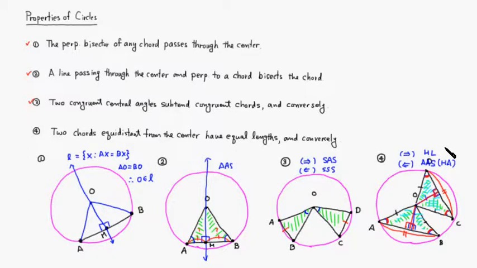Once you get that, this is corresponding to that by corresponding parts of congruent figures, so we have the equidistance there. So number 4 checks out. That's it. I hope that this was clear.